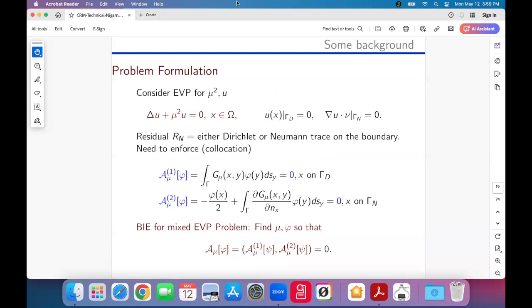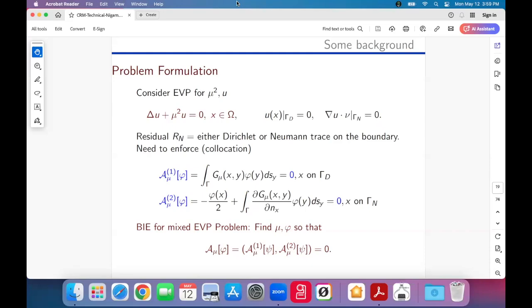Once again, I have a residual. I need to set these quantities on the boundary to be 0. I enforce them through collocation. I'm led to an eigenvalue problem. So now the problem that I'm looking for is nonlinear. It's a bit of a mess because now the parameter that I'm looking for, mu, shows up in the fundamental solution.